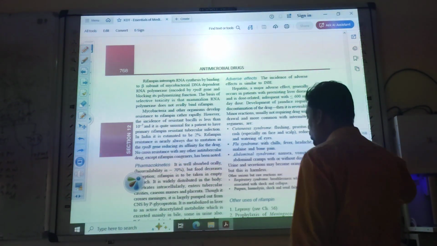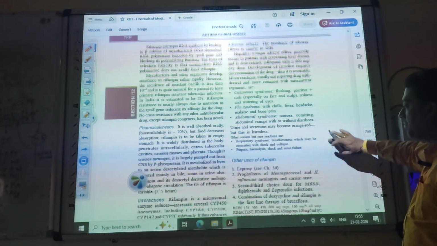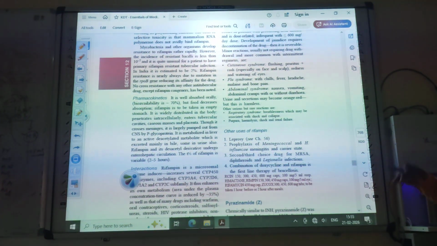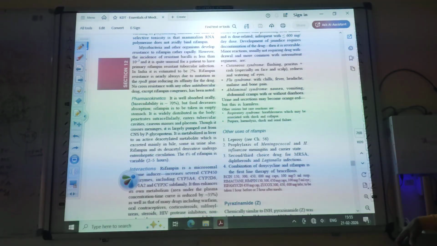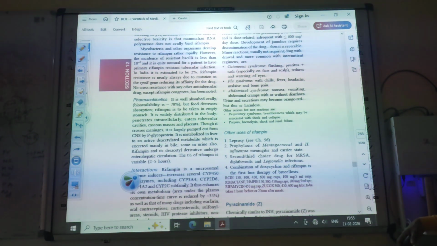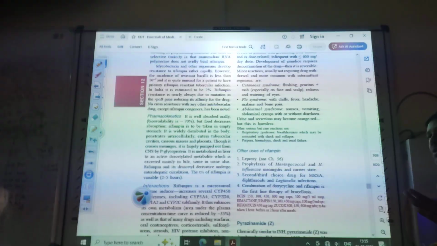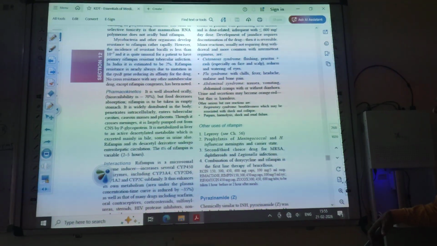Then, what are the other uses of rifampicin? The first use is as a first line drug among the first line antitubercular drugs.